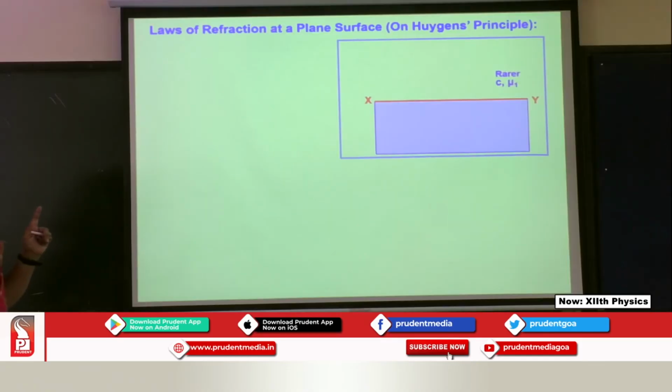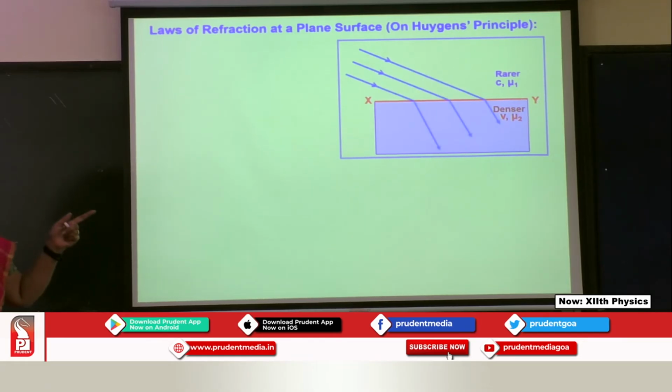One is a rarer medium, I will choose it as an air medium. Second one, any denser medium, it can be water or glass, any surface. So when a ray of light enters into this, it suffers a bending in its path. You can see, it is due to the process of refraction. So it bends over there. So I'll just draw a line over there.